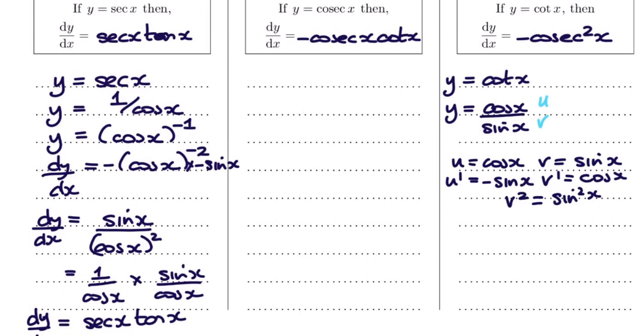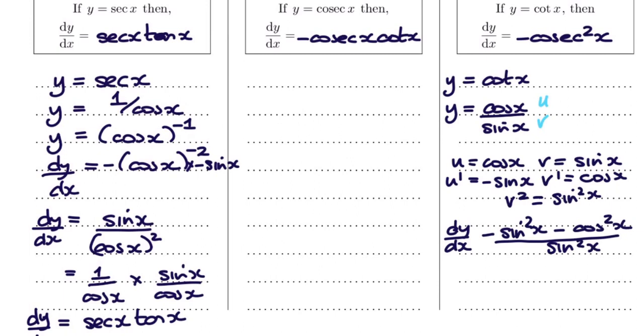And I'm going to use the quotient rule. So dy dx, so it's vu dashed, so that's minus sine squared x, minus uv dashed, which is minus cos squared x, over sine squared x.